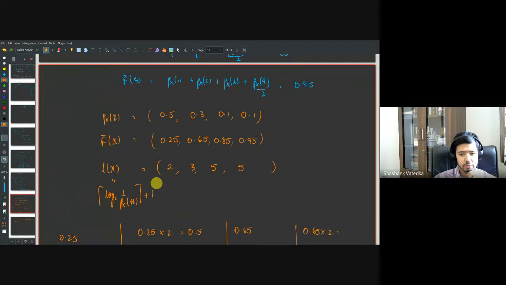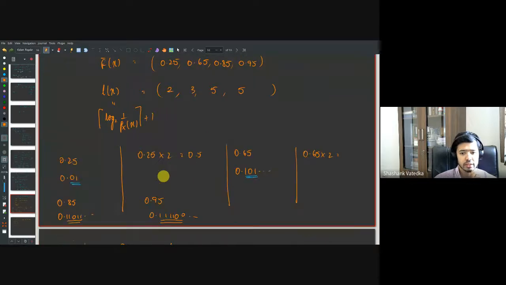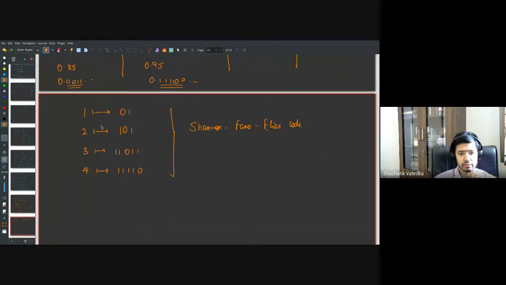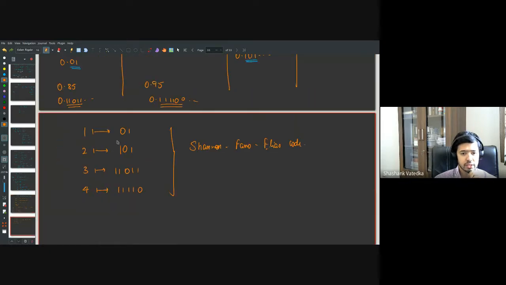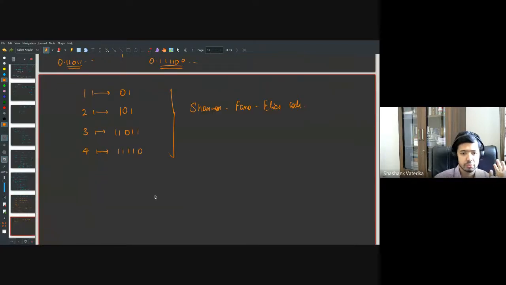And maybe what is important to note over here is that suppose that I want the second code word. Then I can actually construct the second code word without constructing any of the other code words, right? Suppose I know that the symbol is 2, all right?